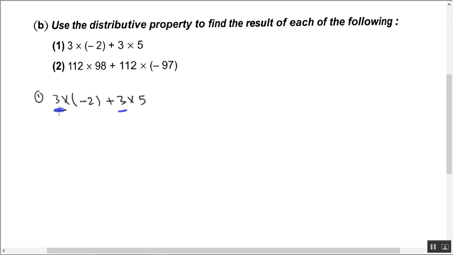We can take a common factor here. We take 3 together. So here we can say 3 times negative 2 plus 5. Negative 2 plus 5 equals 3. So here 3 times 3 equals 9. So finally the result will be 9.